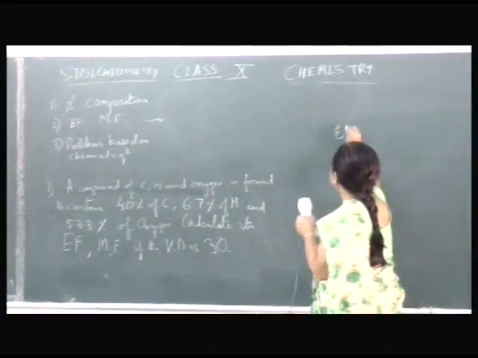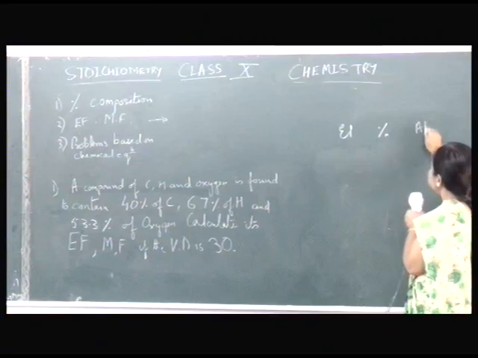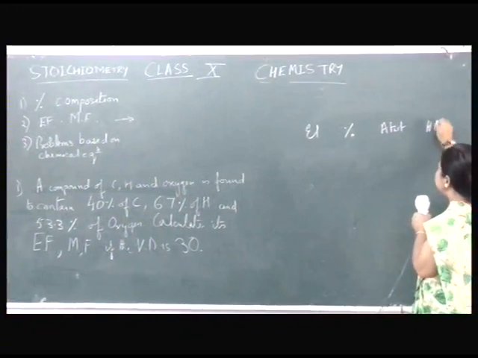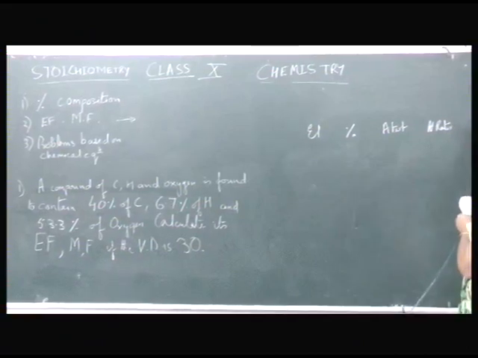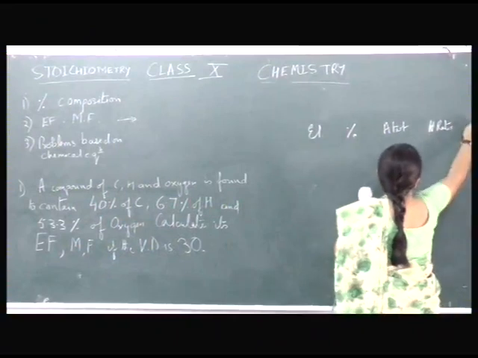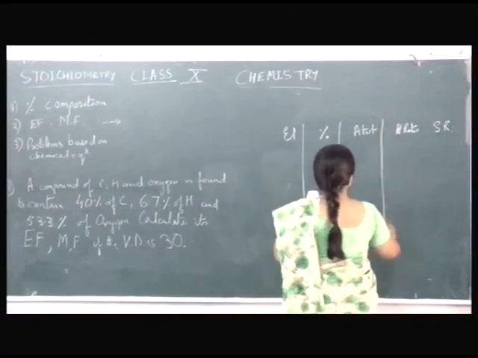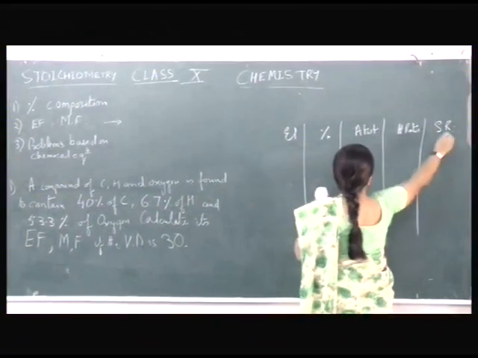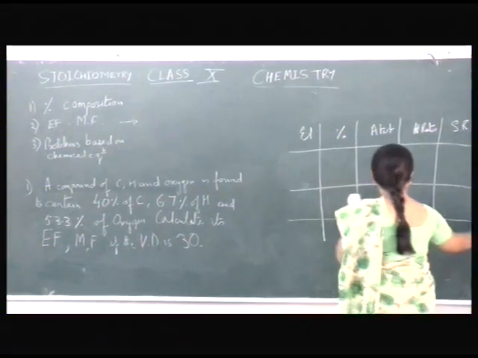First you write the elements, then you write the percentage composition, then you write the atomic weight, next is the atomic ratio, and finally you come to a simple ratio. So element, percentage given, atomic weight, this atomic weight also will be provided, and atomic ratio and the simple ratio.